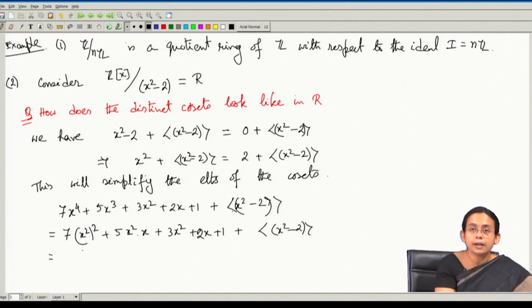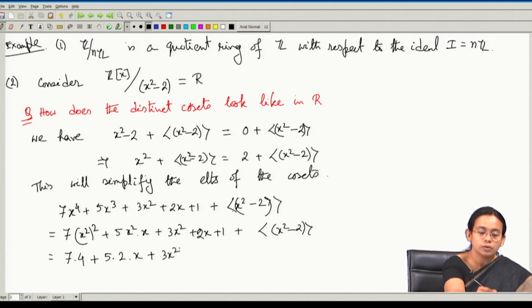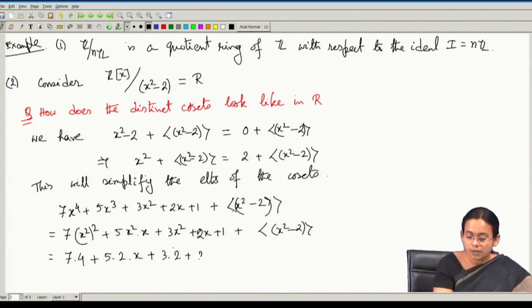I will replace x square everywhere with 2. So, this gives 7 into 4 plus 5 into 2 x, sorry, 3 x square will be replaced by 2, so 3 into 2, plus 2 x plus 1 plus this ideal.